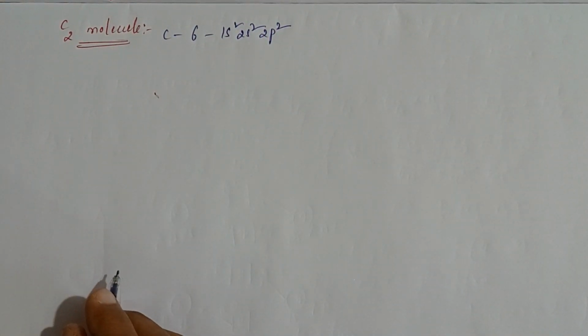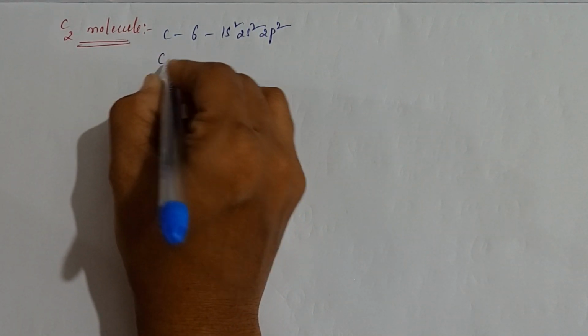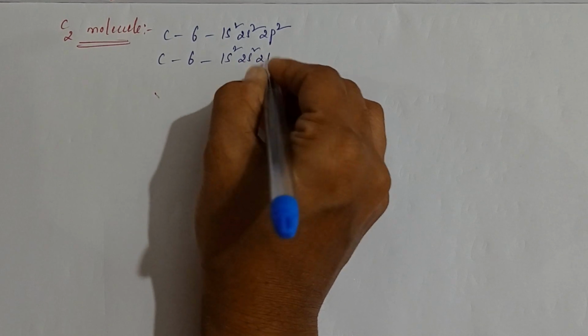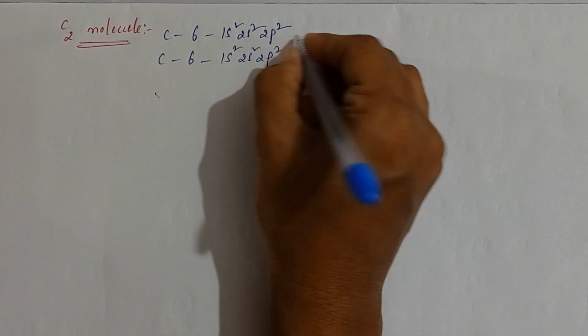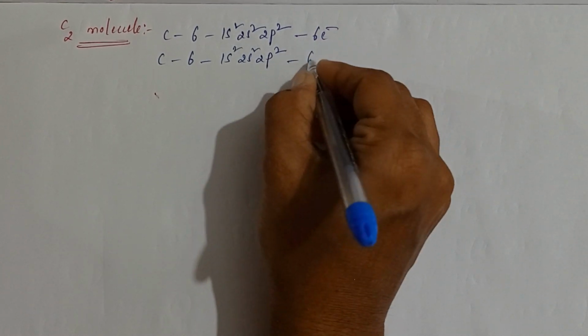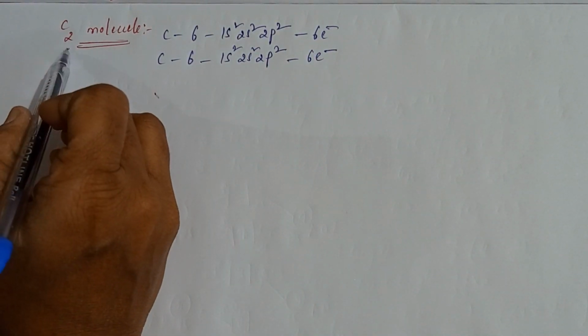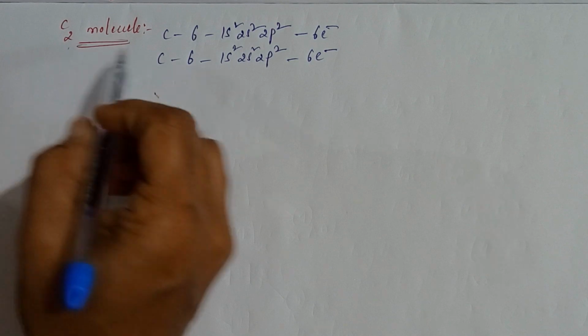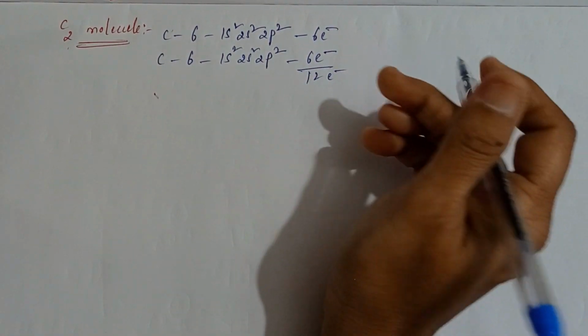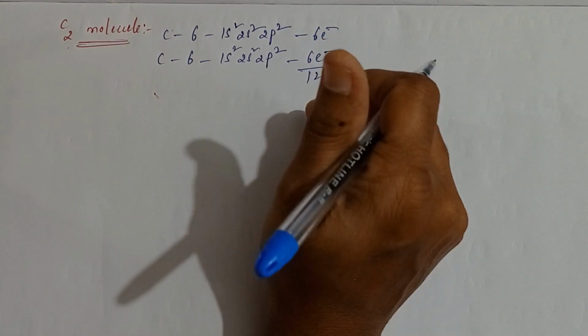One more carbon atom also has atomic number 6, electronic configuration 1s2, 2s2, 2p2. Atomic number 6 is nothing but 6 electrons. Here also 6 electrons, because in the C2 molecule 2 carbon atoms are there. Total 12 electrons.